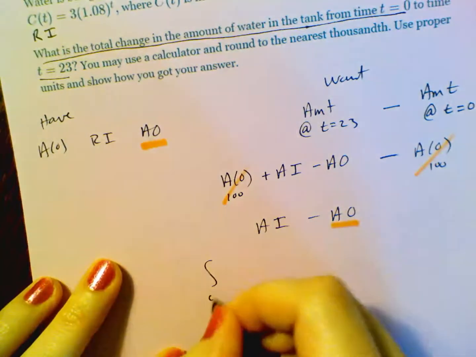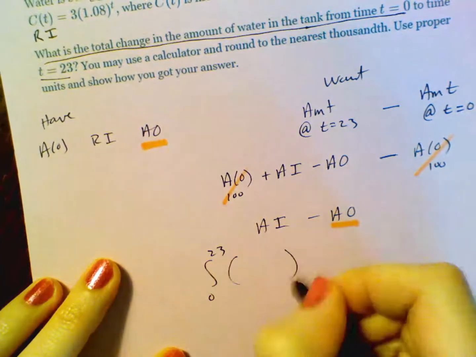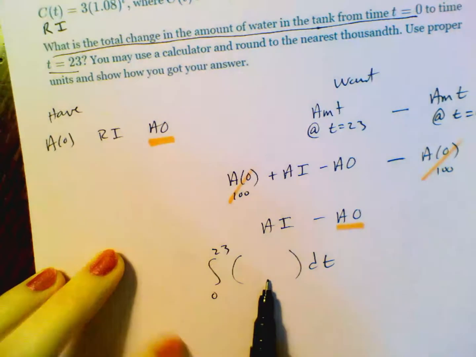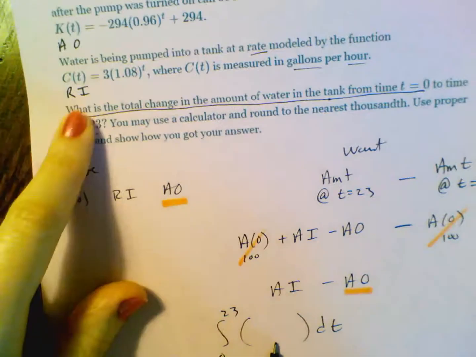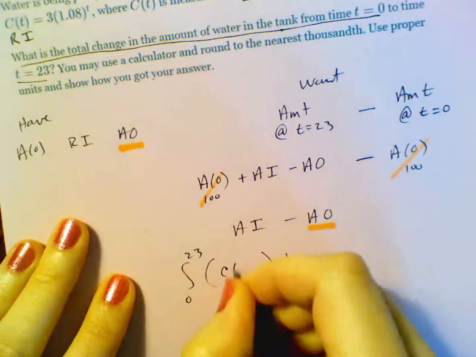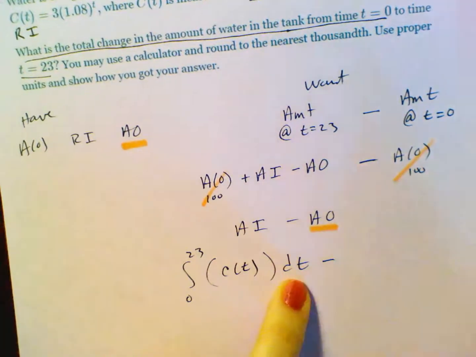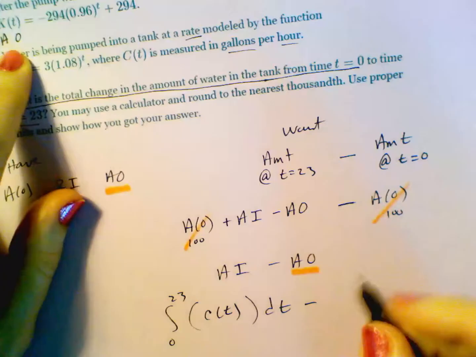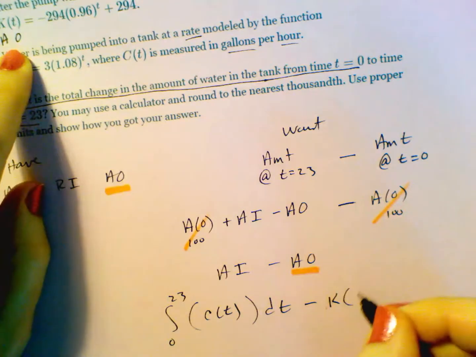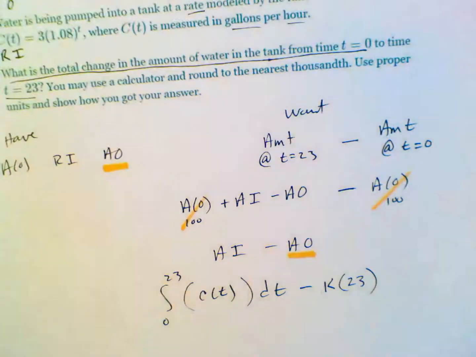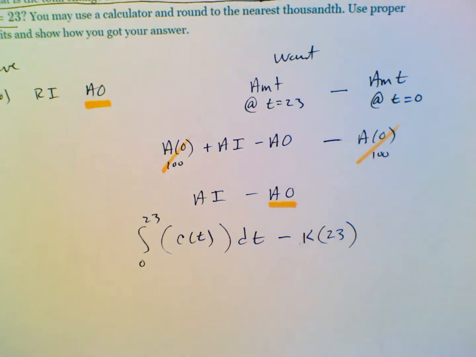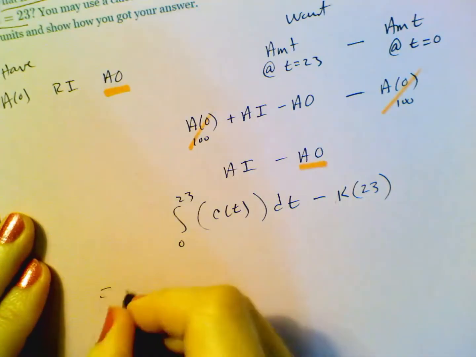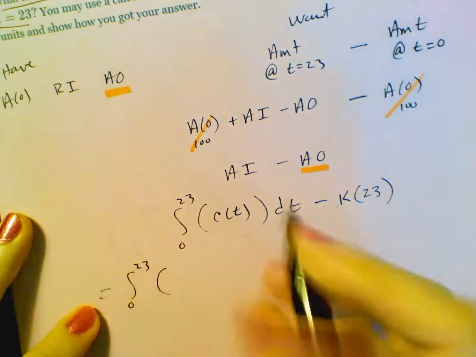So I'm going to do the integral from 0 to 23. And in here, I've got to put this rate in, which is C of T, minus the amount that has come out at 23. All right, the amount that has come out at 23, that's what I want for that part. Okay, so this is from 0 to 23.